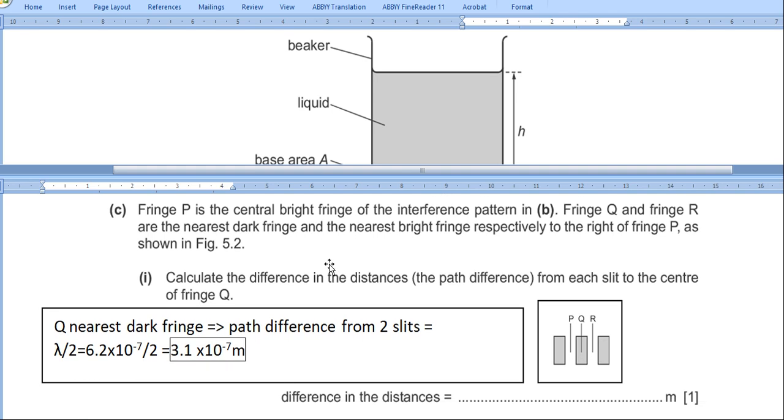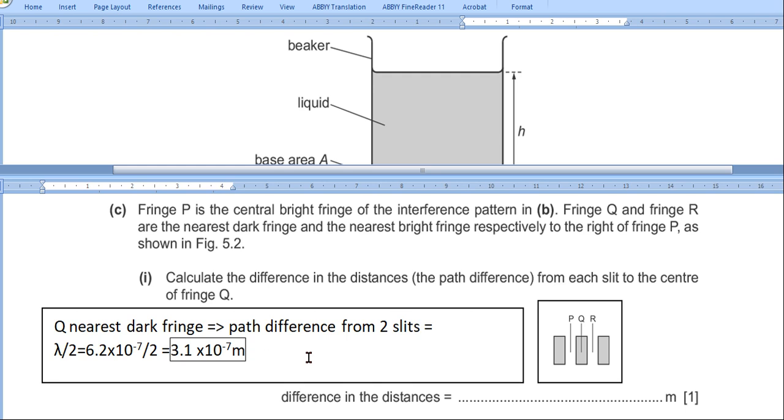Fringe P is the central bright fringe in the interference pattern. Fringe Q and fringe R are the nearest dark fringe and nearest bright fringe respectively to the right of the central fringe, as shown in figure 5.2. Calculate the path difference from each slit to the center of Q. So, because here we have a dark fringe, path difference will be half of the wavelength.